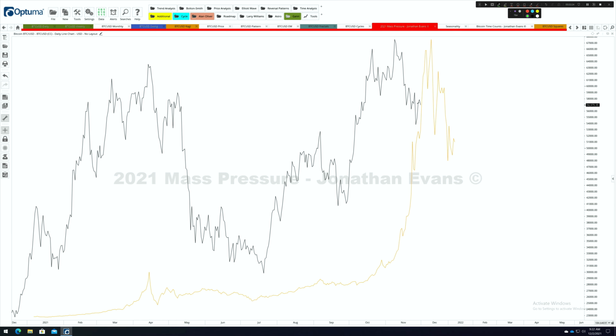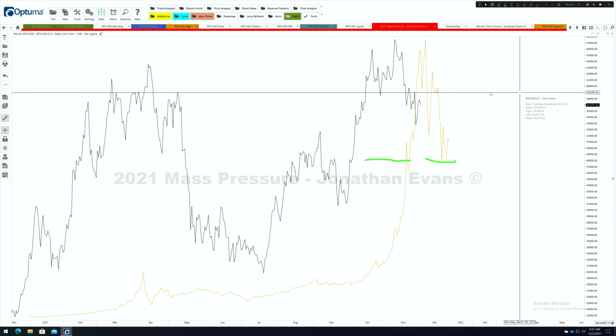The action of a topping pattern, as we can see, is our move up, move down, and then our lower move down, which is kind of what we're getting, another rebound, and then our grind lower. I know that was messy, but the time aspect of it, instead of being towards the end of the year, has actually occurred before it. Let's go ahead and resync this, because I believe I have it off center.